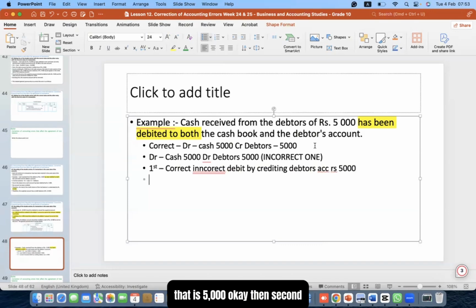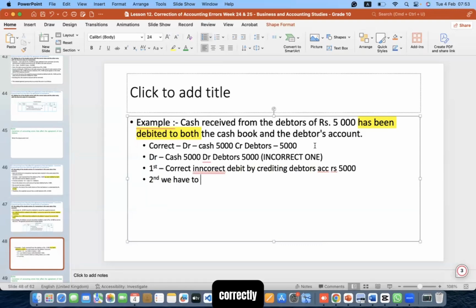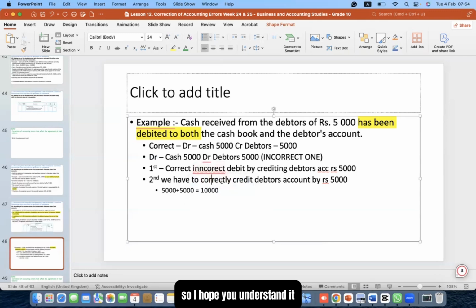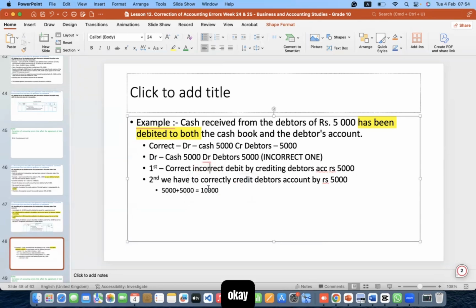Then second, we have to correctly credit the debtors account by rupees 5,000. So when these two things happen, 5,000 plus 5,000, that is 10,000. So this is how it works. I hope you understand it.